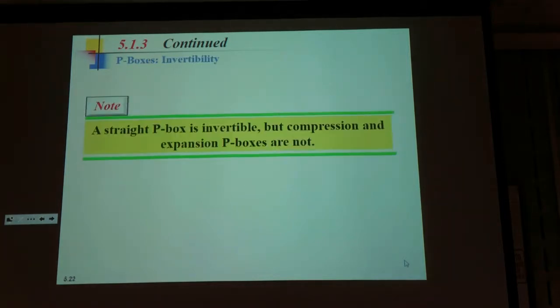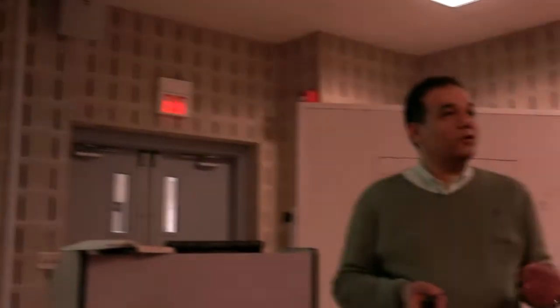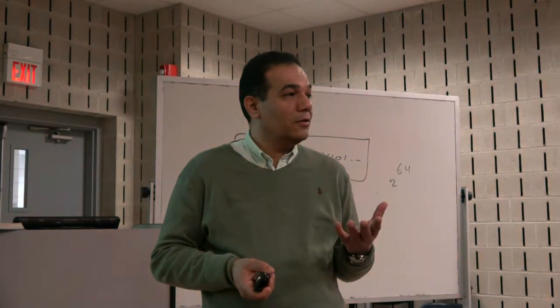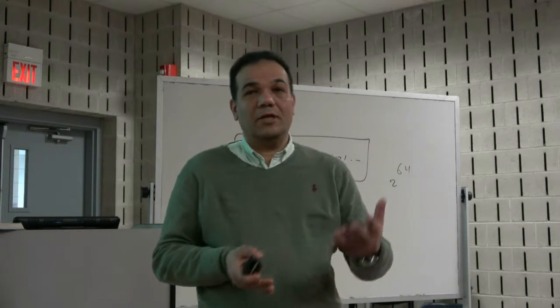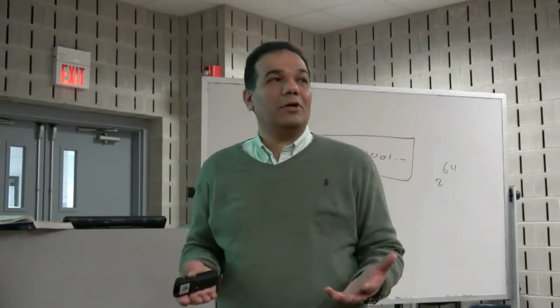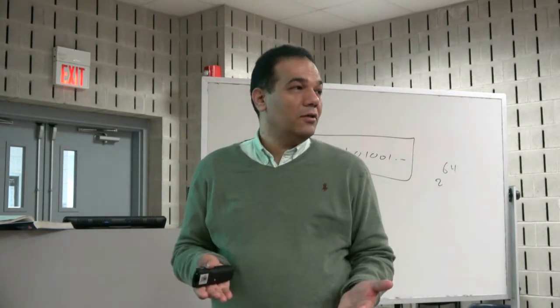All right. So the question now: invertibility. Can we invert a straight box? Yes, because the number of inputs equals the number of outputs. How about a compression box? No. How about an expansion box?